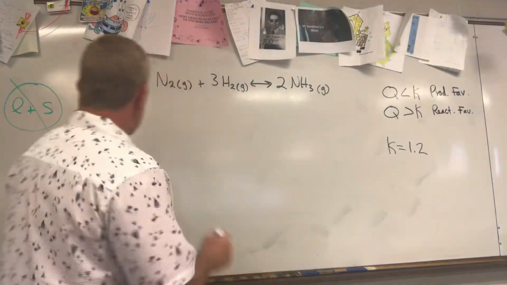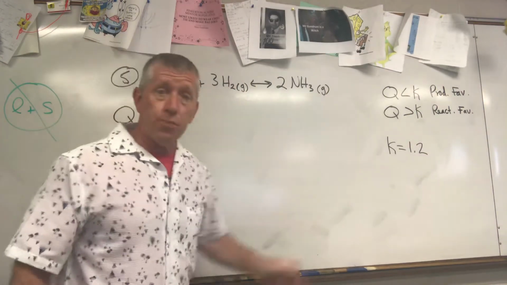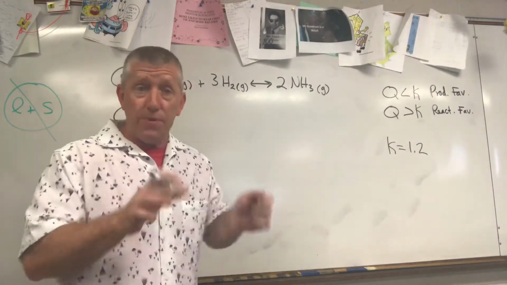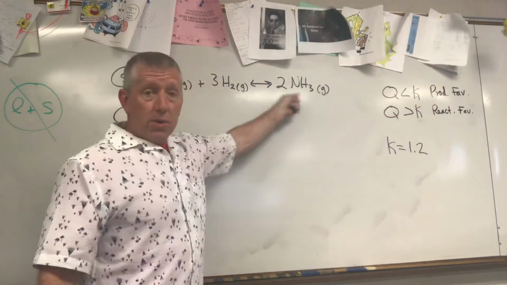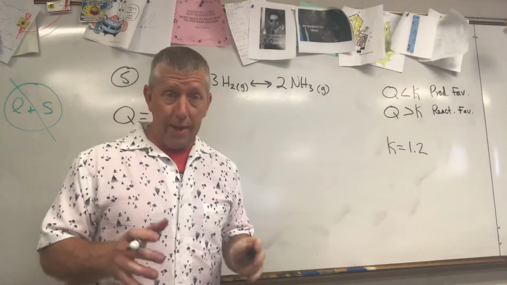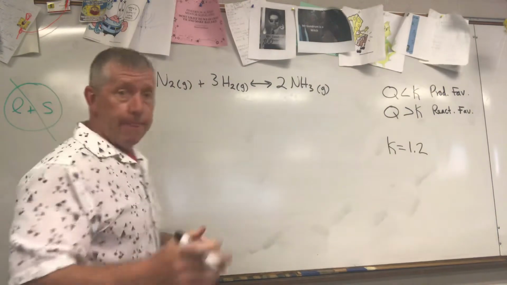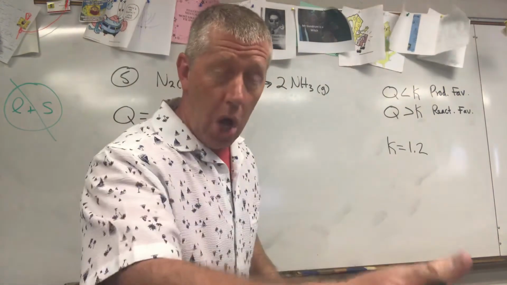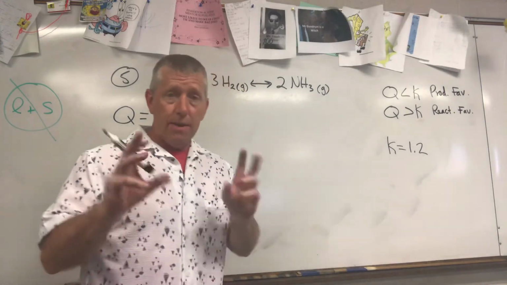That's good. So our Q expression for this reaction, let's pretend we're doing a K, because they're done the same way, okay? Products over reactants. Gas, so they all get included, okay? Now, remember, I saw that these were going to be concentrations, so I'm not going to write this as a pressure.